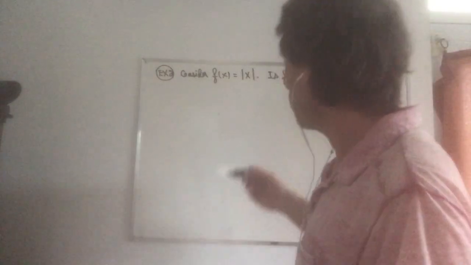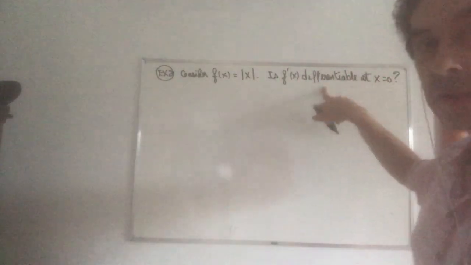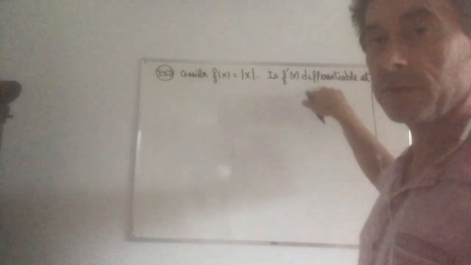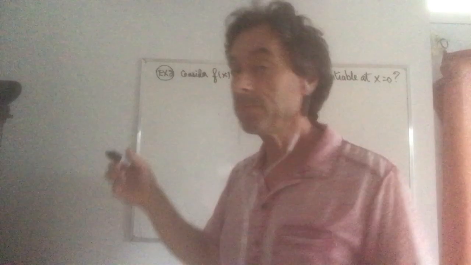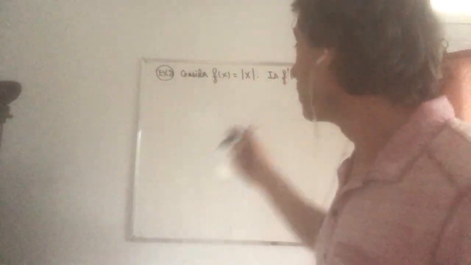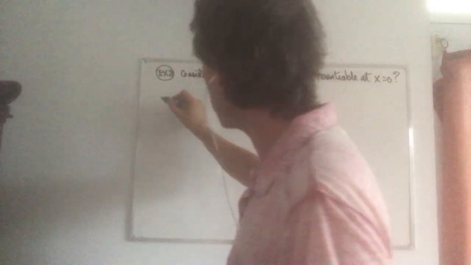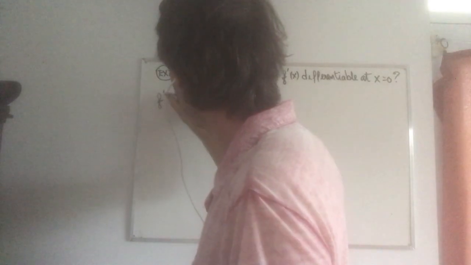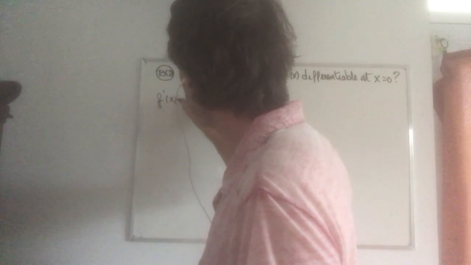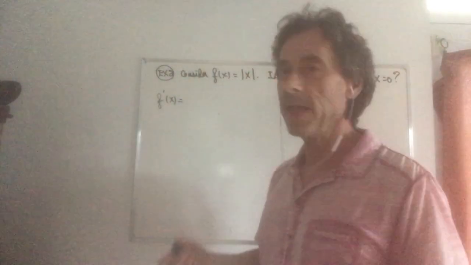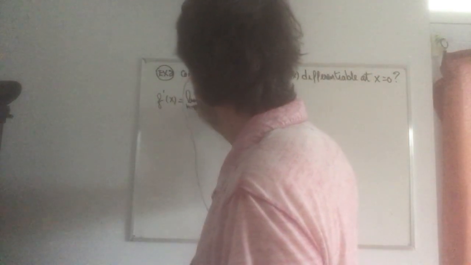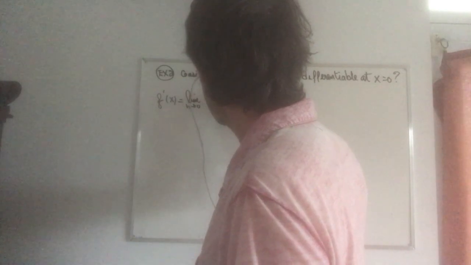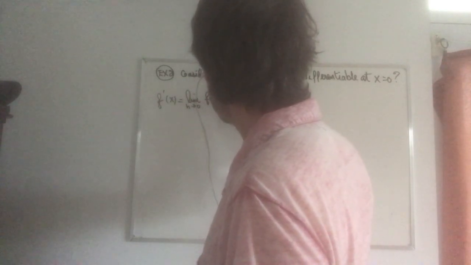Okay, so basically what am I asking? Does the derivative exist when x is 0? The derivative is the slope of the tangent line. So graphically, this is a weird graph, right? But before we actually look at the graph, let us calculate the derivative. f prime of x. Okay, we have two ways of expressing this. Yes, we have the limit as h goes to 0 of f of x plus h minus f of x over h.